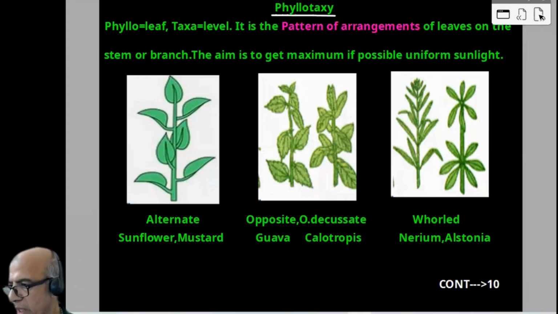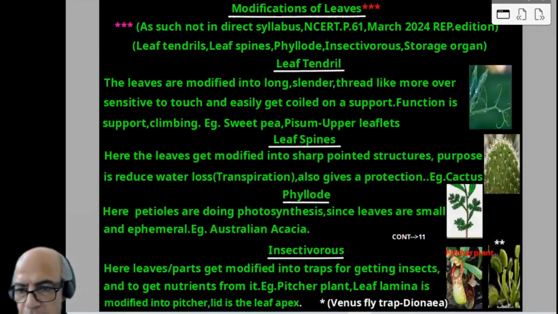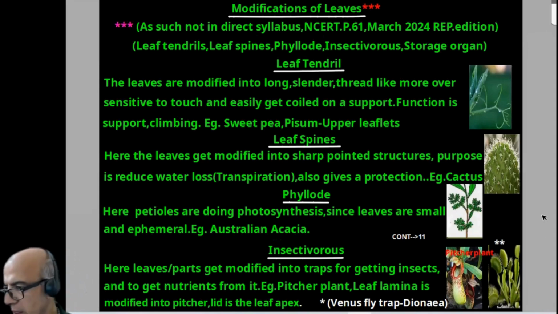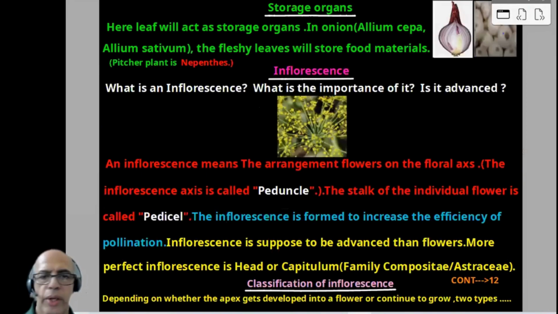Then a topic not directly in the syllabus, but we should know, that is modifications of leaves, leaf tendril, leaf spines, phyllode, then insectivorous nature, then storage organs. Then the second part of our topic, that is inflorescence. What is inflorescence? What is the basic structure? What is peduncle and pedicel? And inflorescence is supposed to be more advanced than flowers.